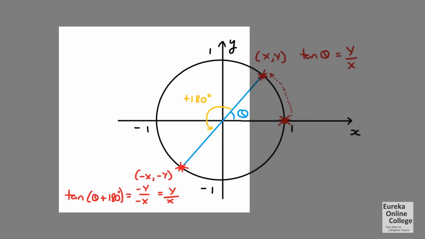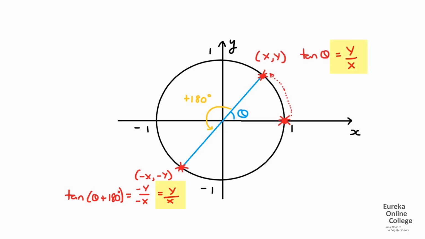But what are we going to have if I take my y-coordinate now and divide it by my x-coordinate? Well, by definition, that is now going to be tan of theta plus 180 degrees, which is going to be minus big Y over minus big X. But the minuses are going to cancel, and that's going to give us big Y over big X, which is exactly the same as what it was initially.